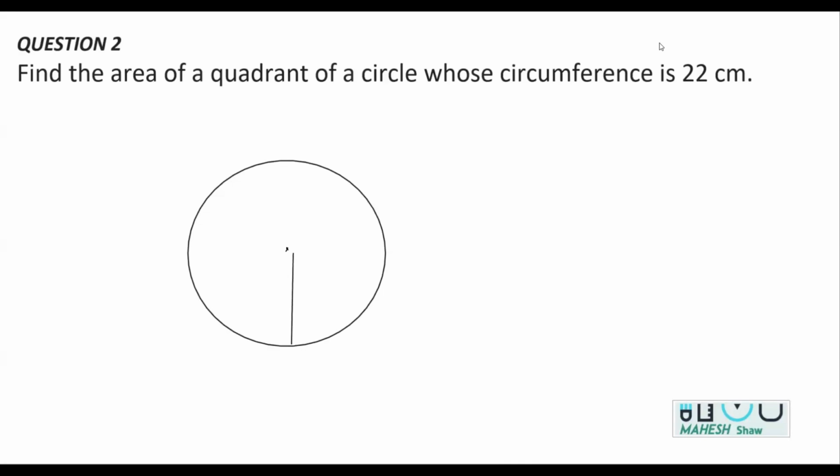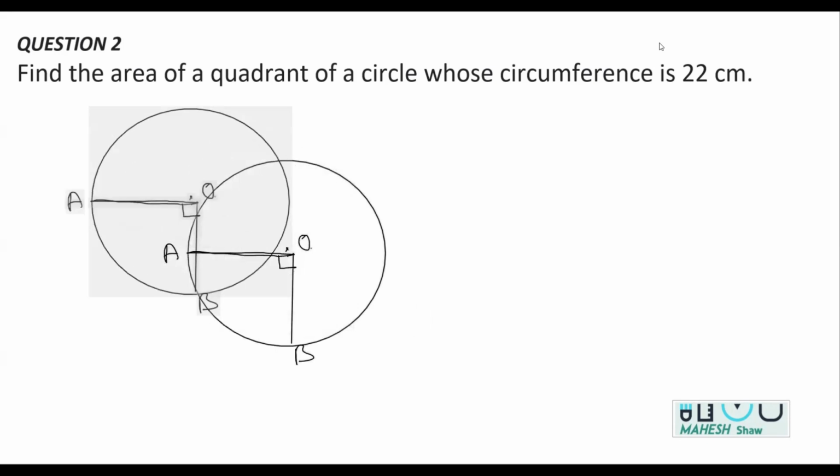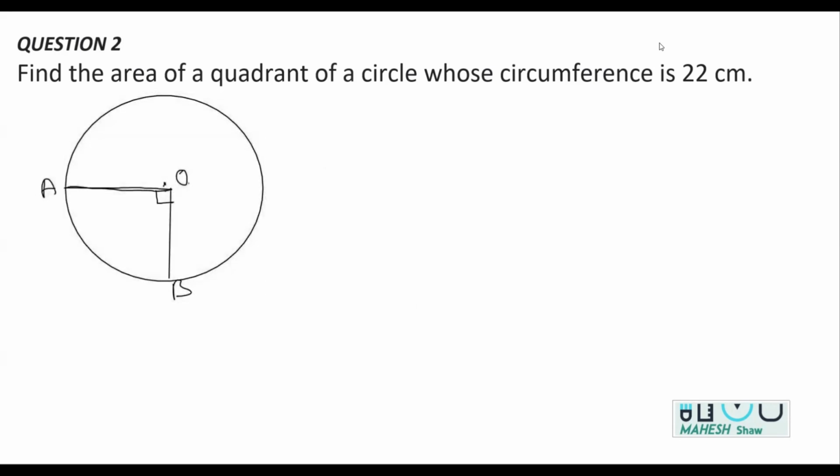And as I said, a quadrant is a sector whose central angle is 90 degrees. And the area of this quadrant is what? It's 1/4 the area of a circle. So we have to find the area of this region.